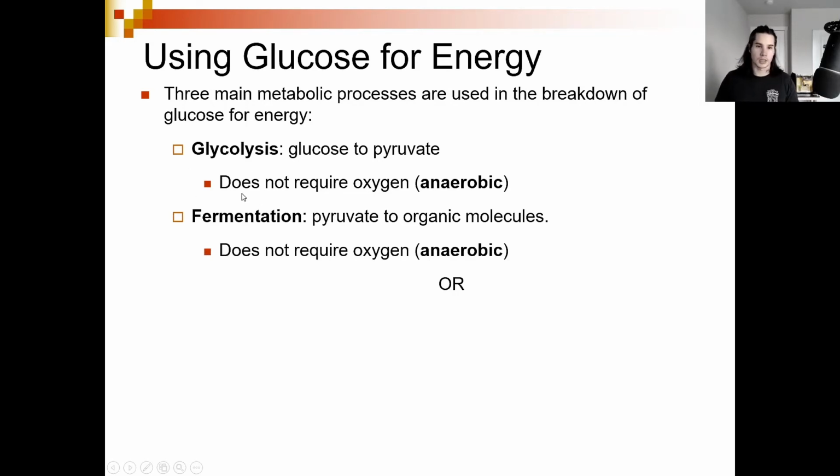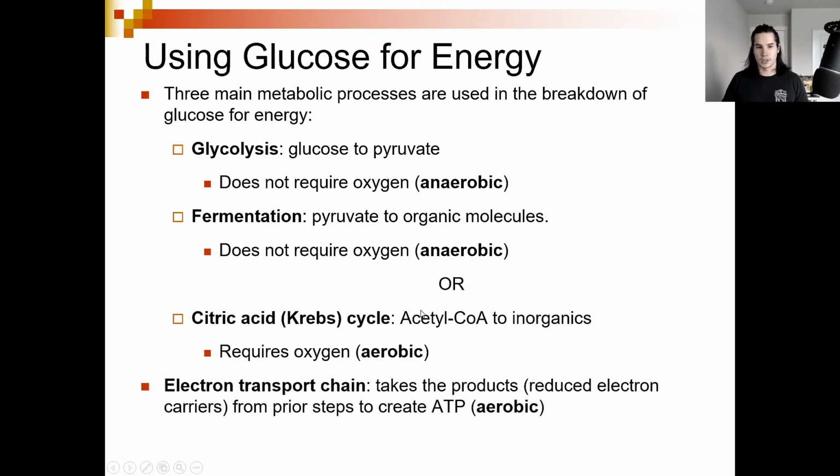Fermentation is kind of like your secondary metabolic process used to break down glucose, but fermentation doesn't fully break down glucose through aerobic respiration. This is actually an anaerobic process, and we'll talk a little bit more about fermentation later. But to start off with, we'll go from glycolysis to the citric acid cycle, or the Krebs cycle.